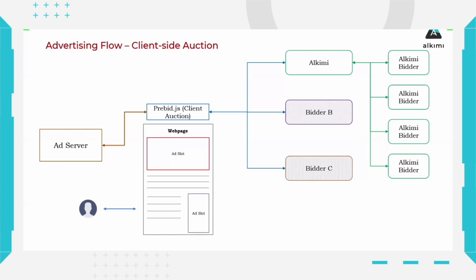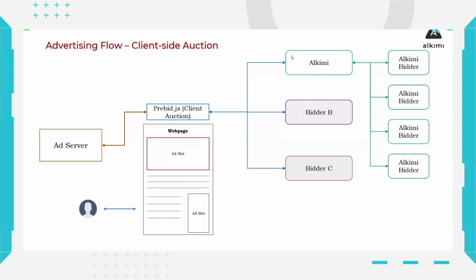Absolutely. This picture actually depicts just that. We've got the user who visits the publisher's webpage, and the publisher would send a bid request to one or more exchanges, Alkimi being one of them.